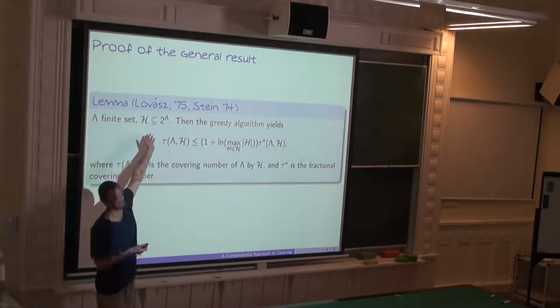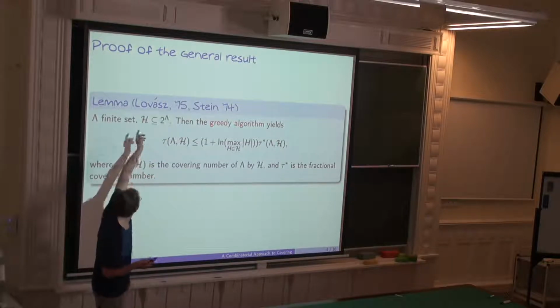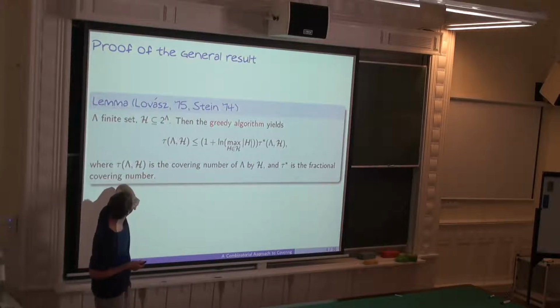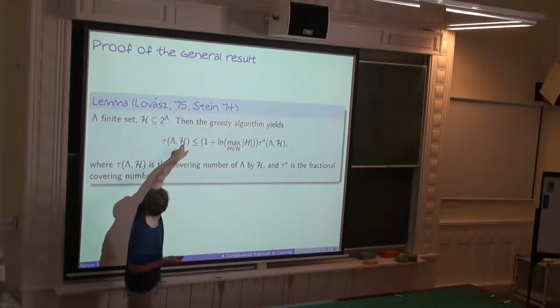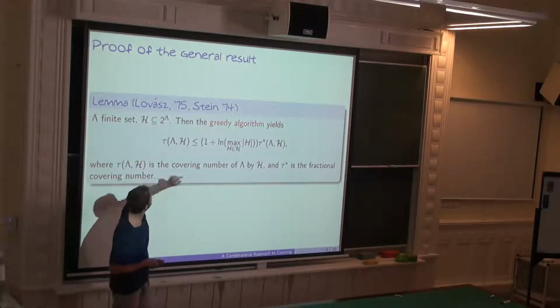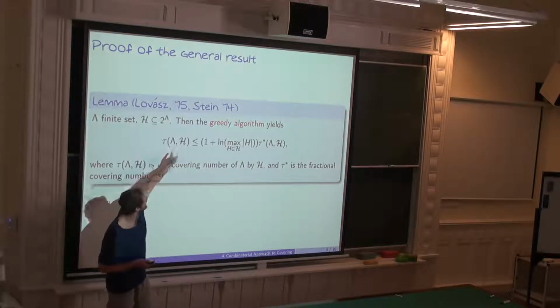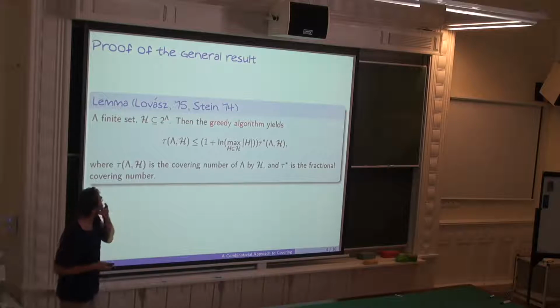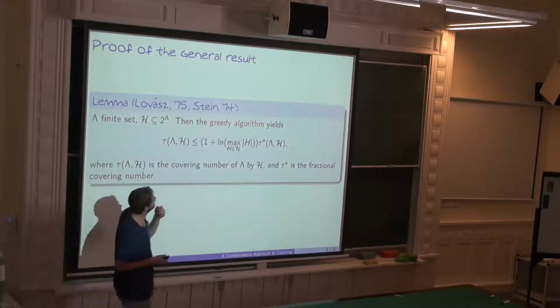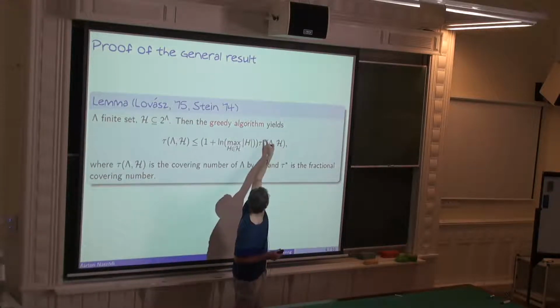You can call it a hypergraph or set family or whatever terminology you like. And so the covering number, the minimum number of sets from our set family that will cover lambda, is bounded here by this expression, where tau star is the fractional covering.